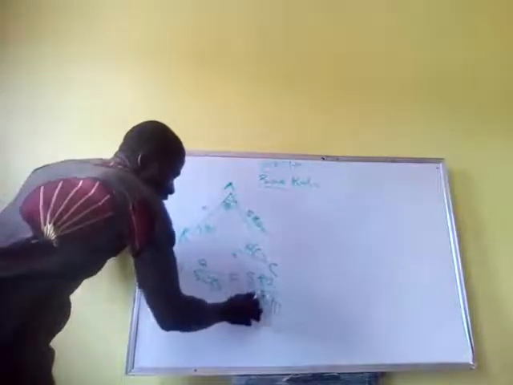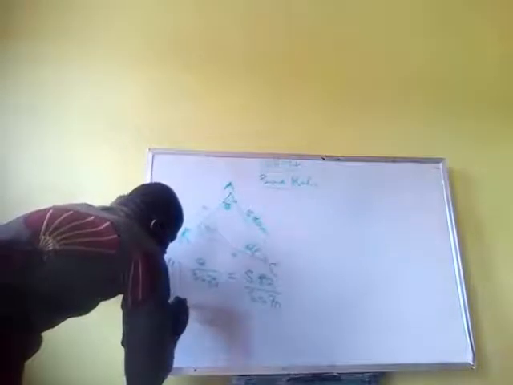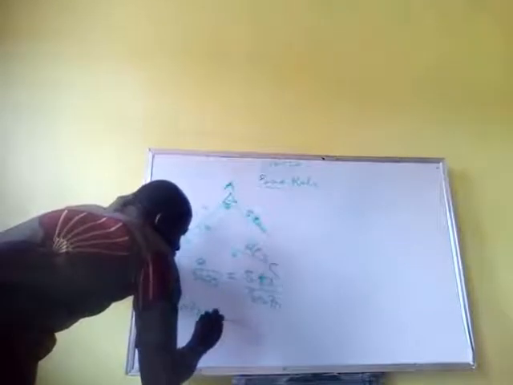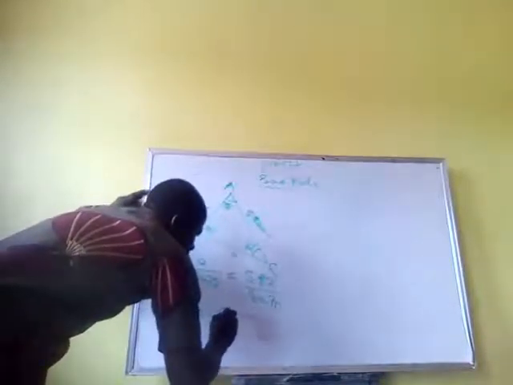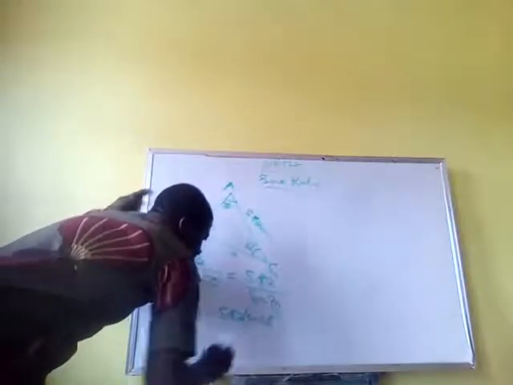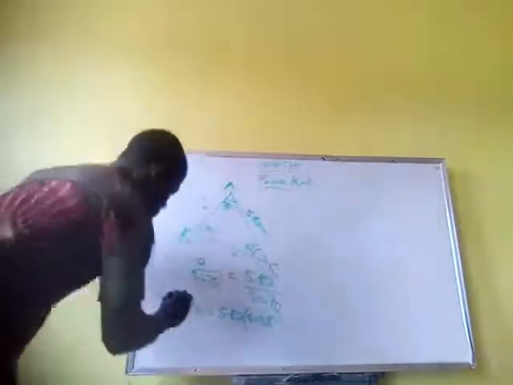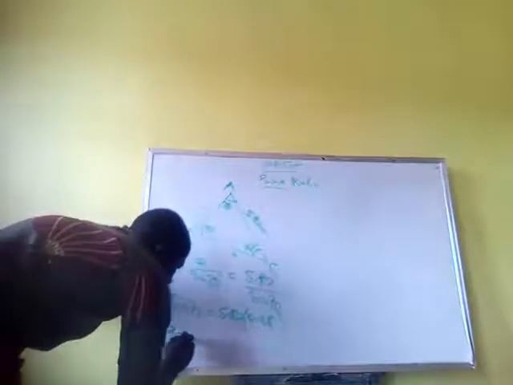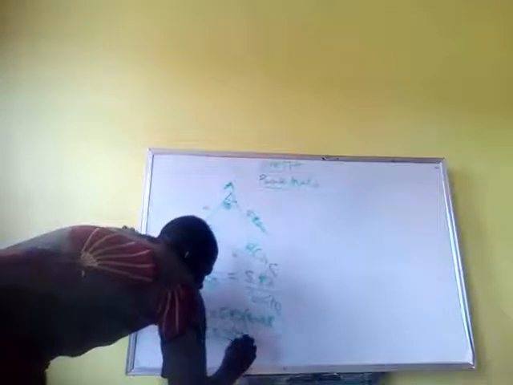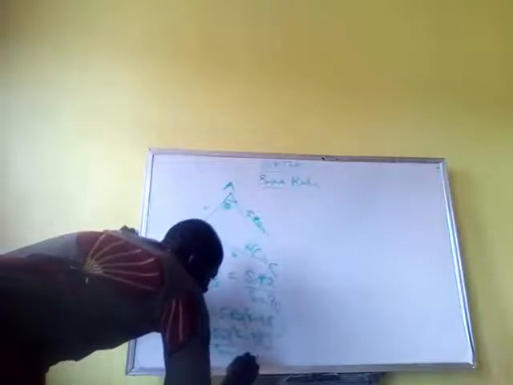So we have a sine 70 equal to 5.82 into sine 38. When you divide both sides by sine 70, we have a equal to 5.82 into sine 38 over sine 70.